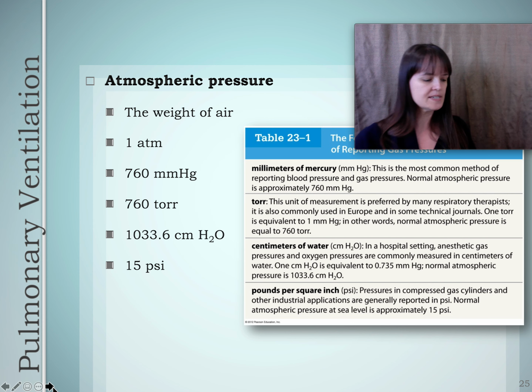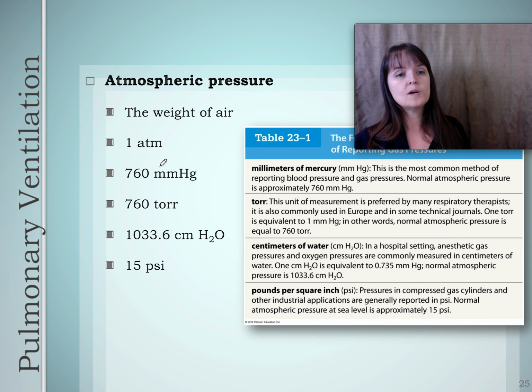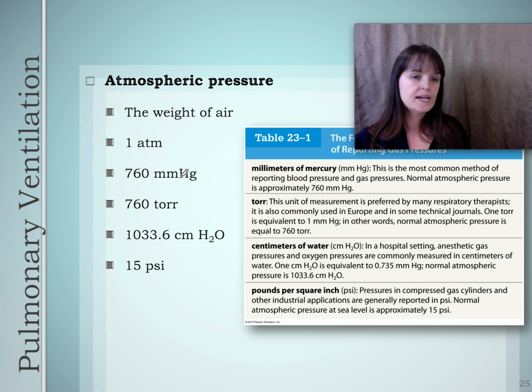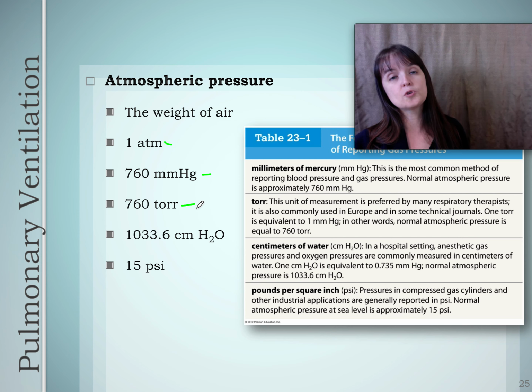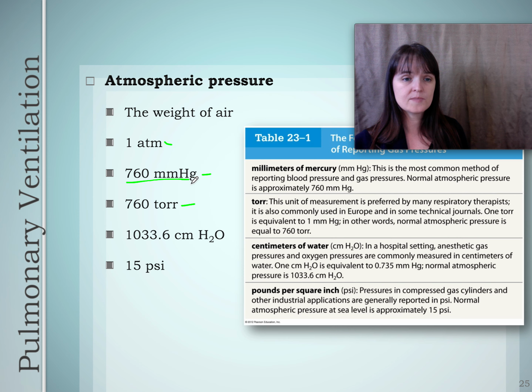And I don't believe this table is still in the book, but I find it interesting, so we're going to cover it because it takes about 10 seconds. So 1 atmosphere of air is the pressure of the air pushing down on you at sea level, which is where we are. And 1 atmosphere is measured at 760 millimeters mercury. Now, the respiratory therapists use torr, which is the European/scientific number, but it's the same as the millimeters mercury.